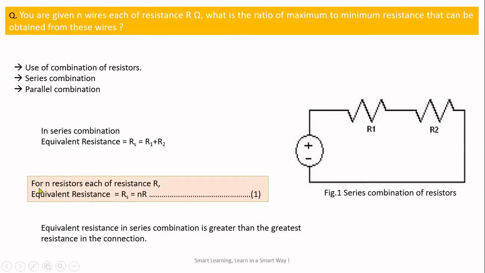For n resistors, each of resistance R, equivalent resistance is n times R. We call it equation number 1. And note that equivalent resistance in series combination is greater than the greatest resistance in the connection.